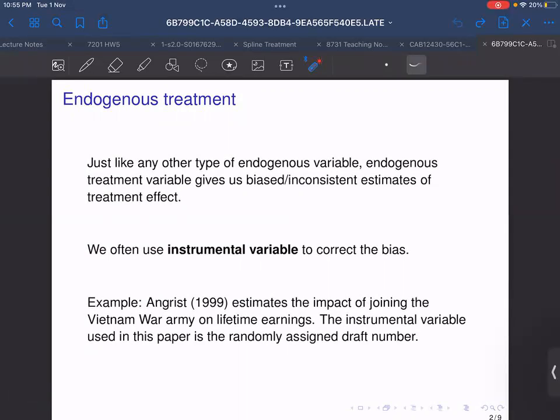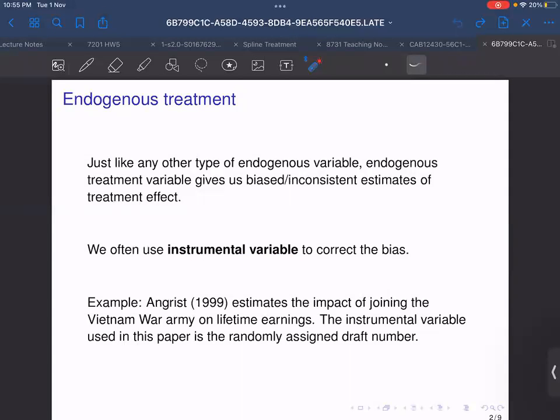As economists, one very common tool that we use is the instrumental variable, IV for short. The instrumental variable is assumed not to correlate with the endogenous treatment, and we use that to correct the bias. When we use IV, we can correct the bias to a large extent, and we also get a consistent estimator for the treatment effect.